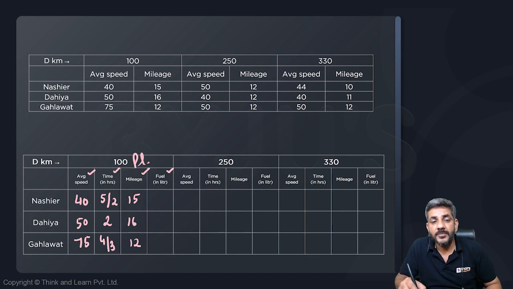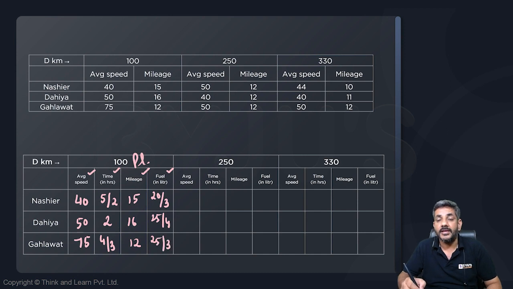If you travel at 15 kilometers per liter and you travel 100 kilometers, what is the quantity of fuel that you are using? It is 100 divided by 15, which can also be written as 20 by 3. Similarly, 100 divided by 16 can be written as 25 by 4. And 100 divided by 12 can be written as 25 by 3.